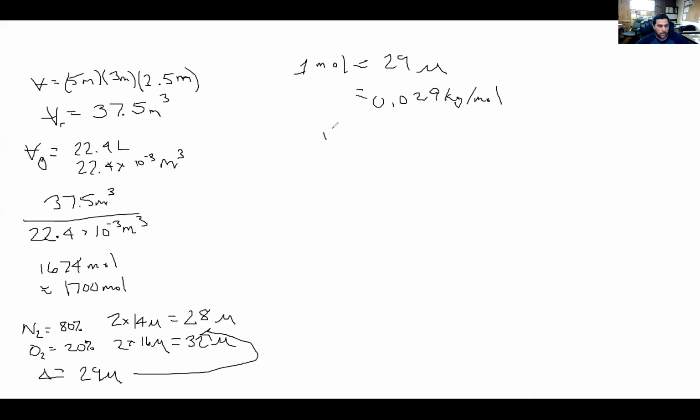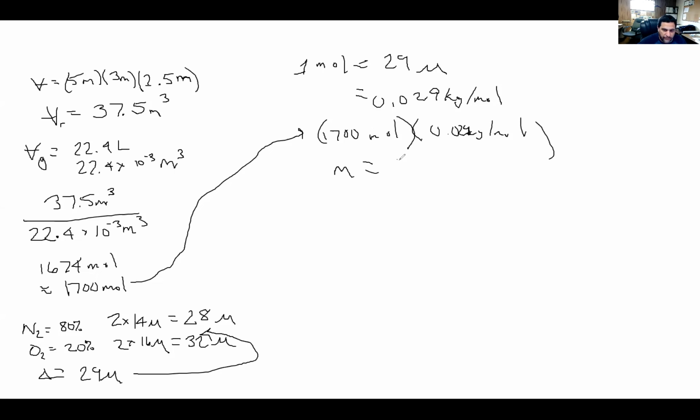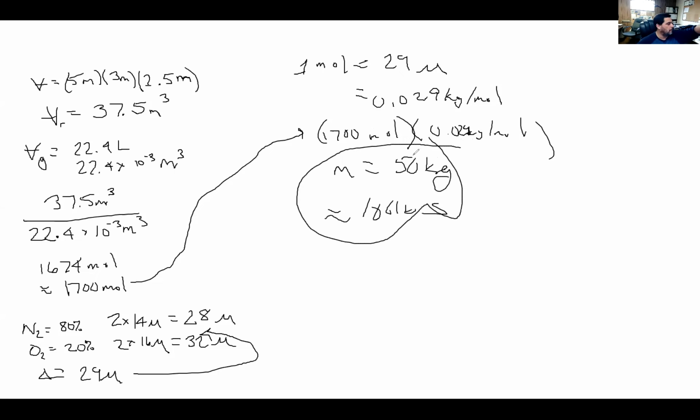And if we know that there's roughly 1,700 moles from here, and we know 0.029 kilograms per mole, the mass is roughly 50 kilograms, which is about 100 pounds of air in a room if you were to pump it out, or if you were to measure it.